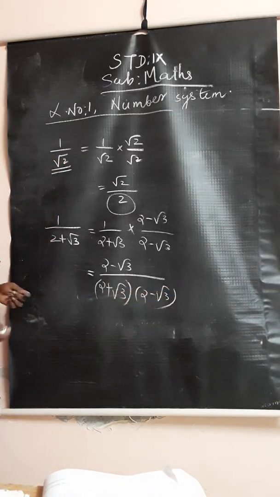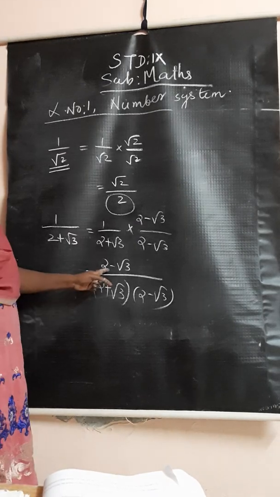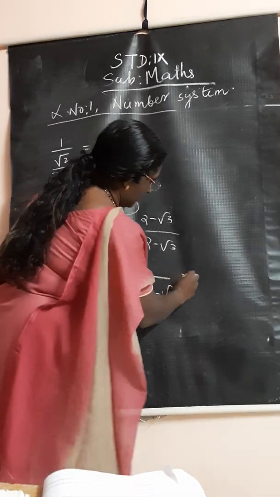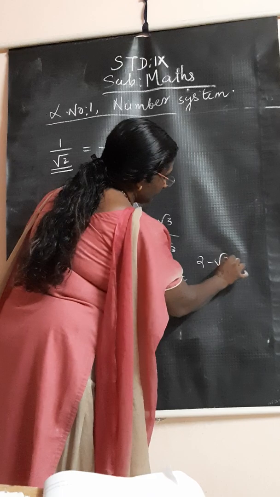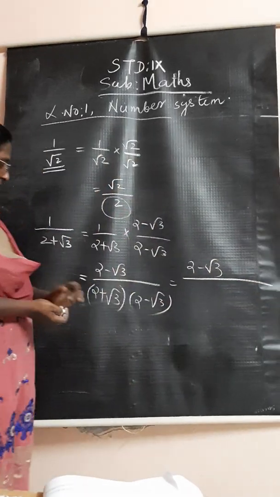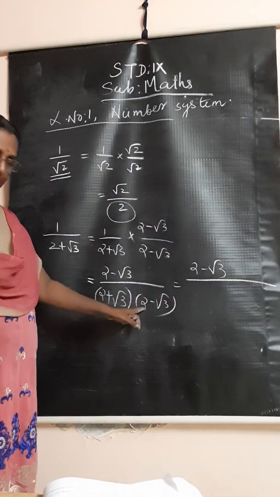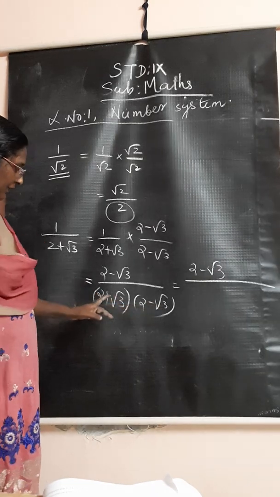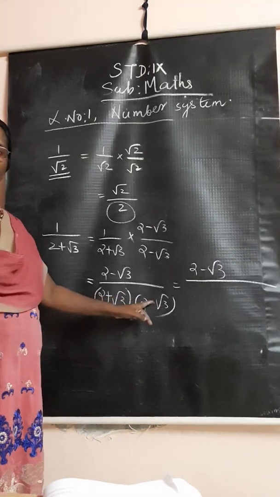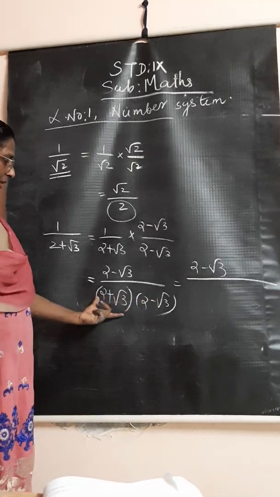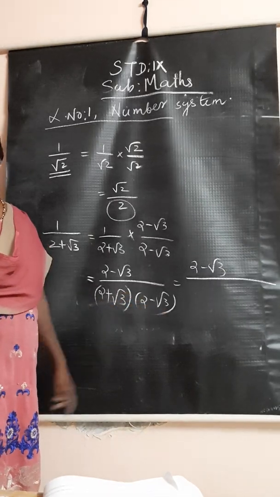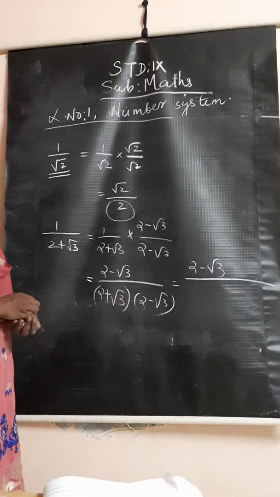Okay, students? So 2 minus root 3 divided by, now see: first term same, second term same, here the middle sign is plus and here the middle sign is minus. So which format is it? A plus b into a minus b, which is a square minus b square.